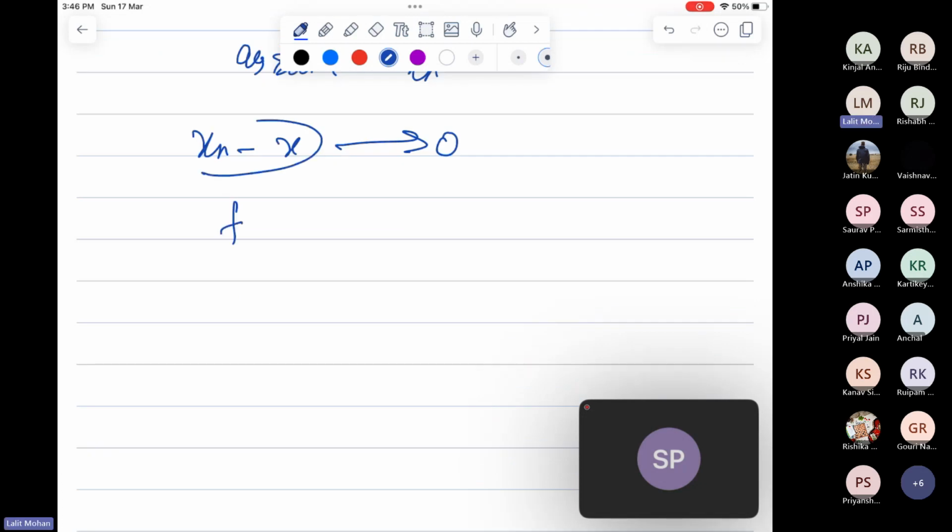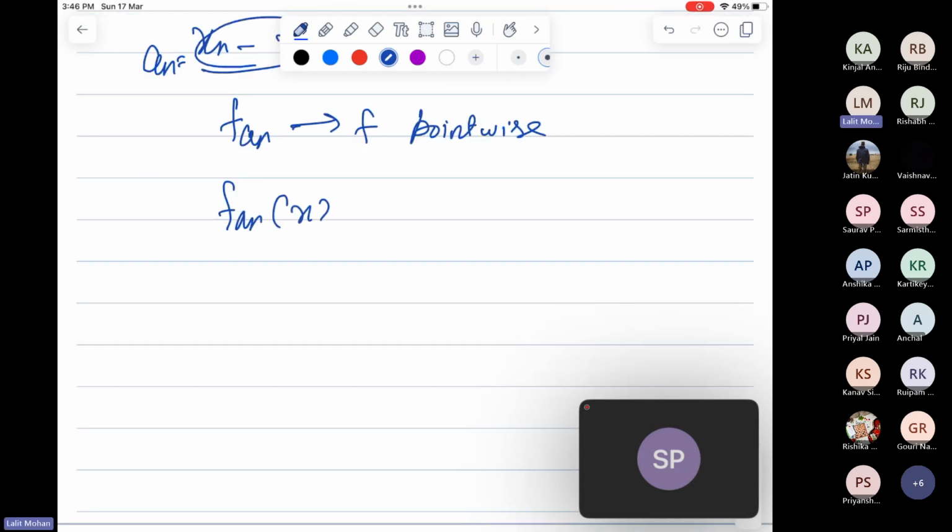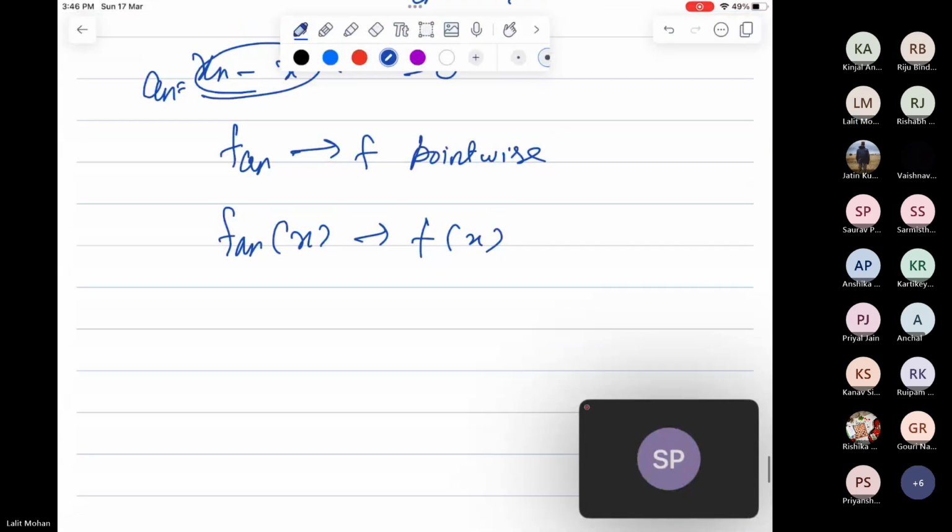Consider this now as an. Pointwise means this convergence is true for every x. So for every element of x, particularly for this x also, f of an converges to f of x. Right? What is this value?